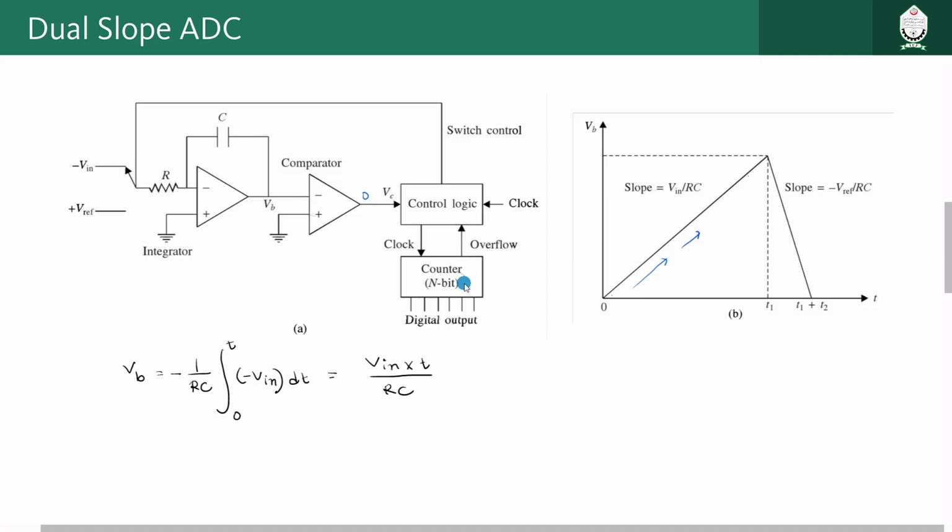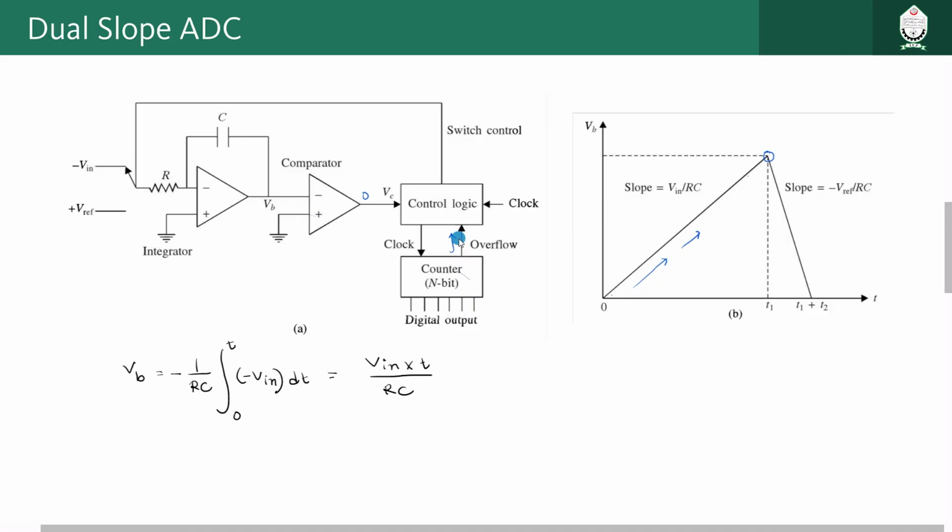It will reach that value and understand it is in overflow condition, right? That moment is basically in this graph, this moment. So starting from 0 up to T1, at T1 the counter will reach its maximum value and overflow, and there will be an overflow signal coming from the counter to the control logic.